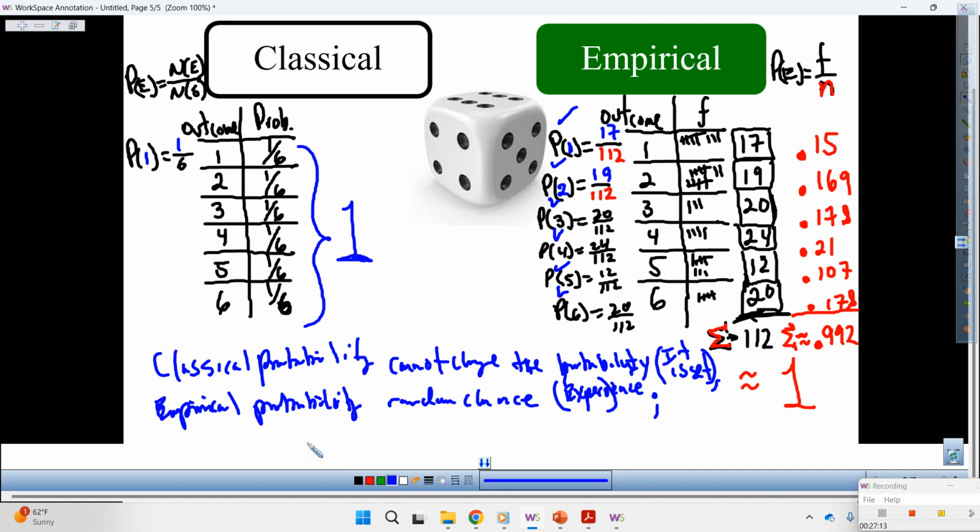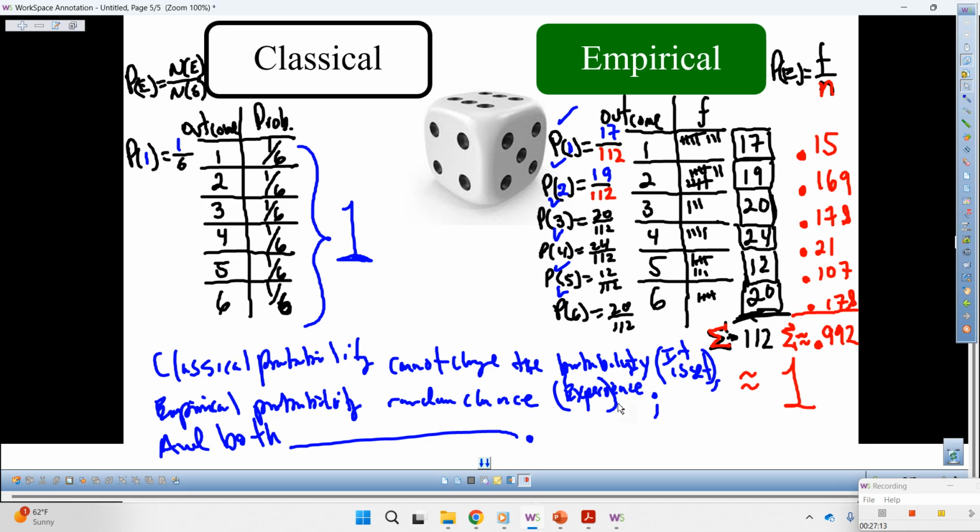Semicolon, and both blank. Tell your neighbor what to fill in. Both blank. Tell your neighbor what to write, please. Both blank. All right, looks like Amelia's got it.